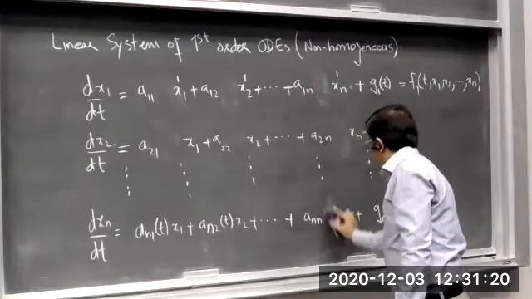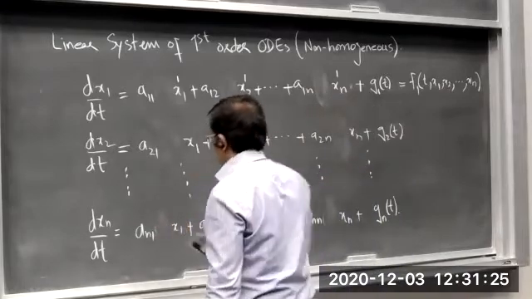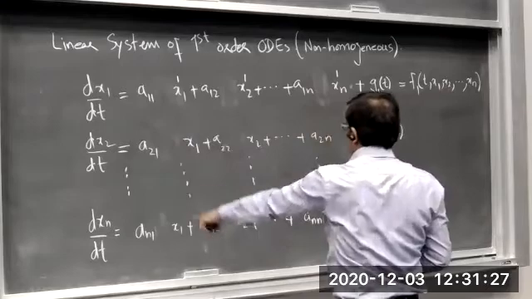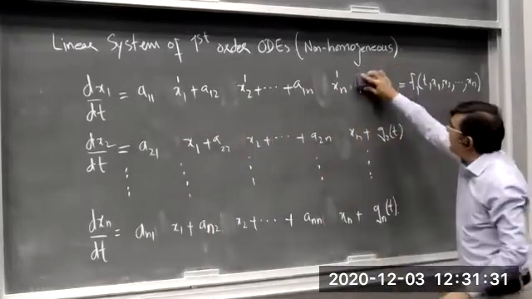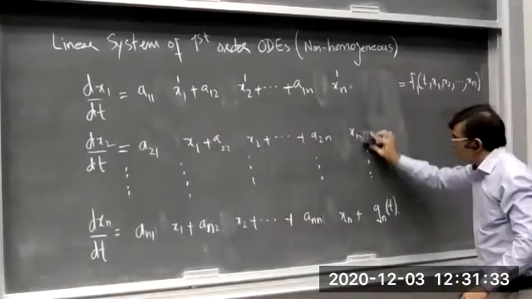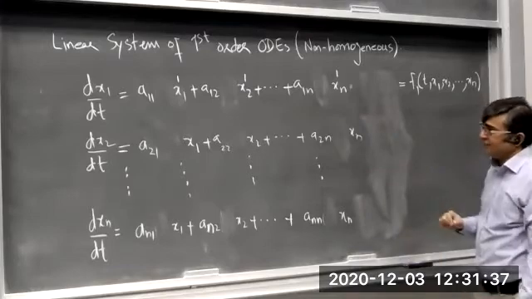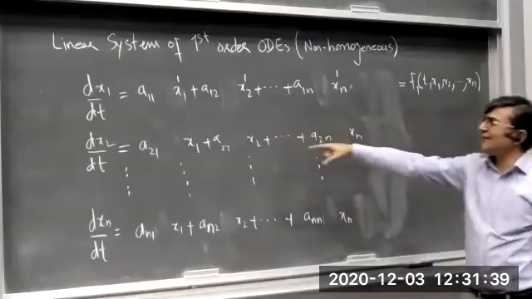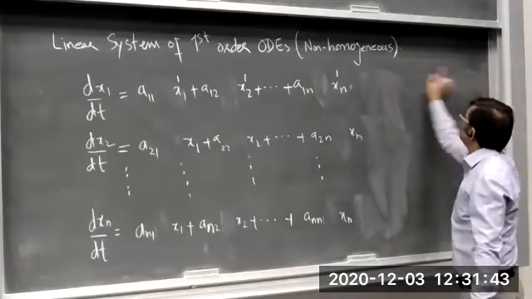So first we shall deal with this linear system with constant coefficients plus homogeneous. We are not dealing first with the non-homogeneous system. We are going to deal with this system and learn how to solve it.